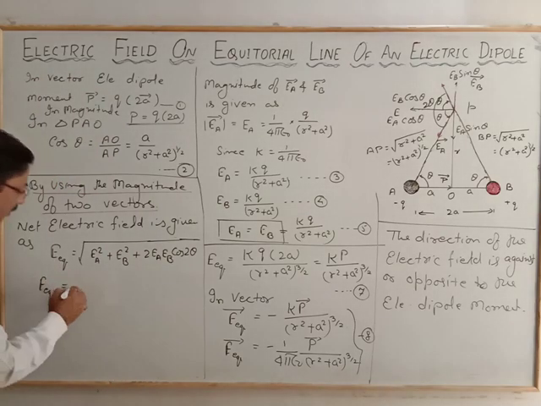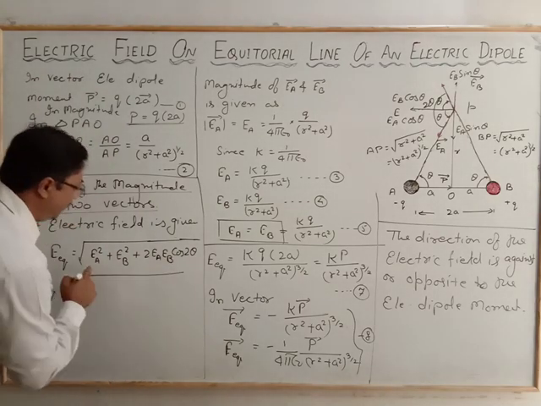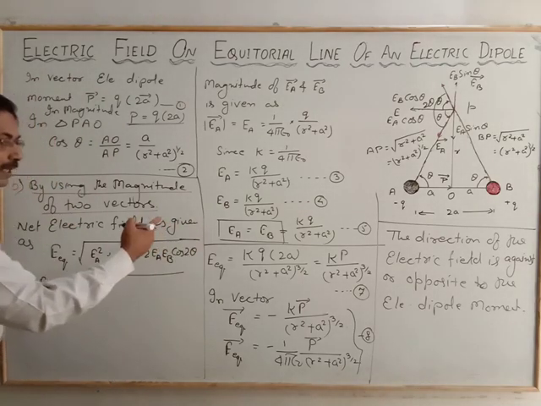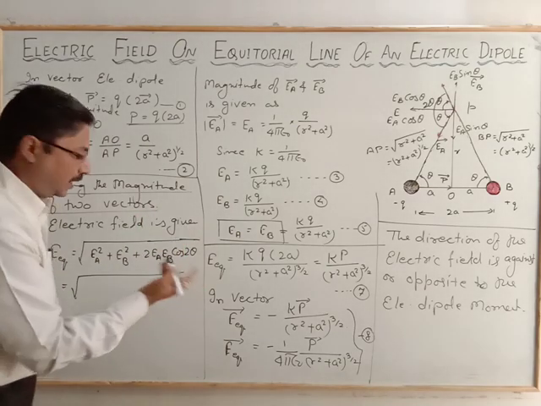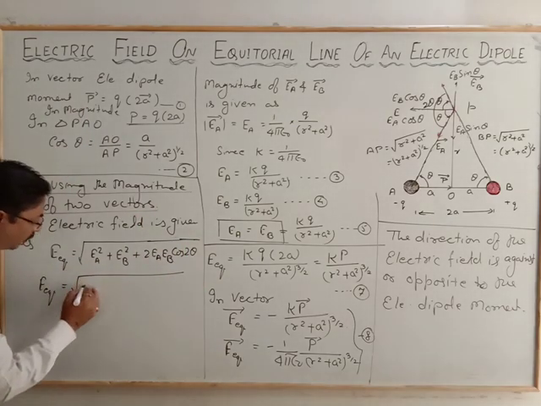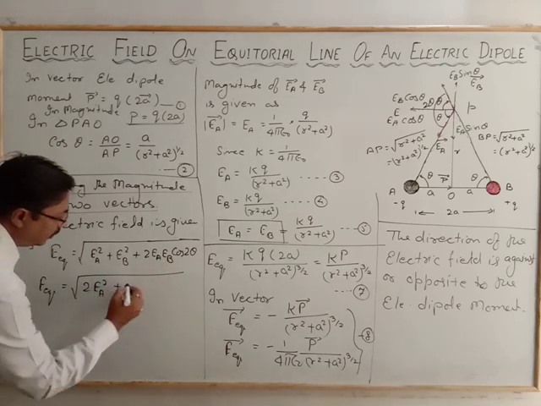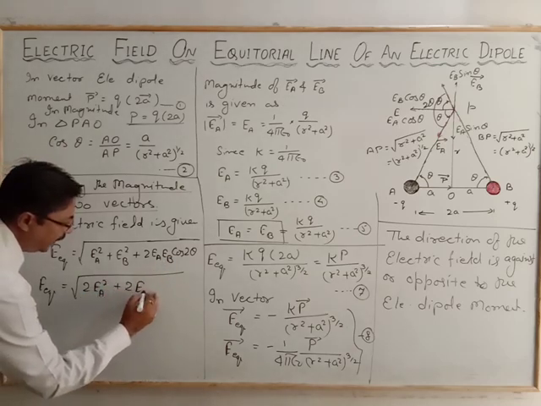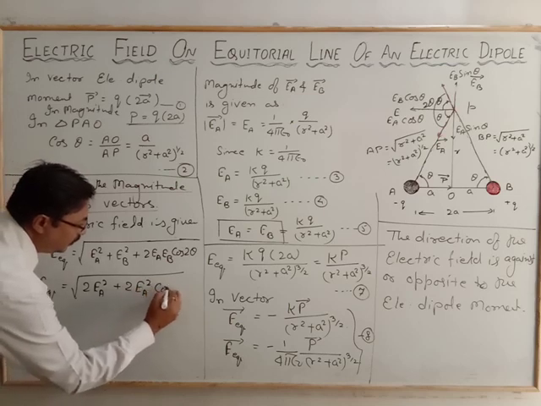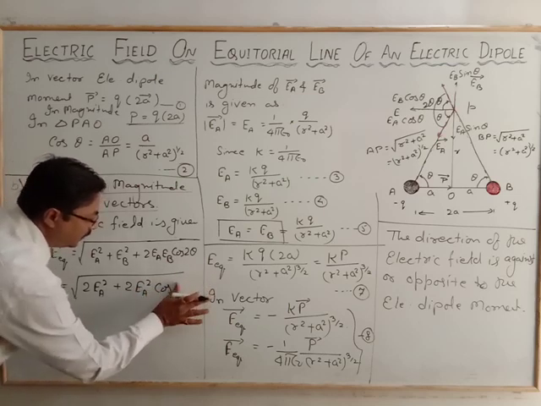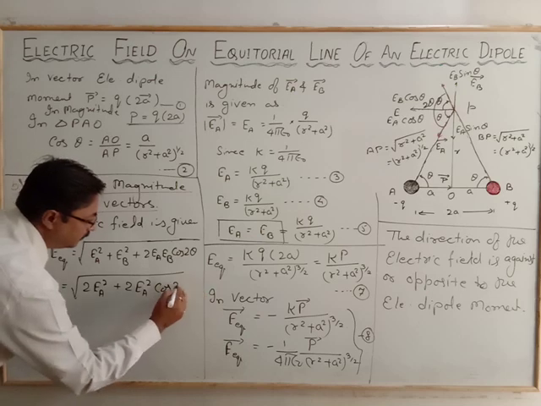So either we write EA in place of EB or EB in place of EA. So we have twice EA square plus twice EA square cos 2 theta.